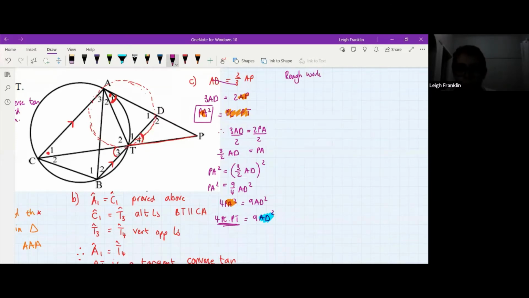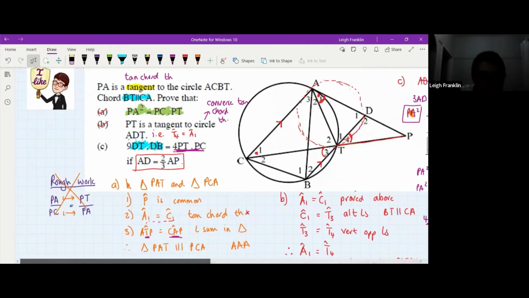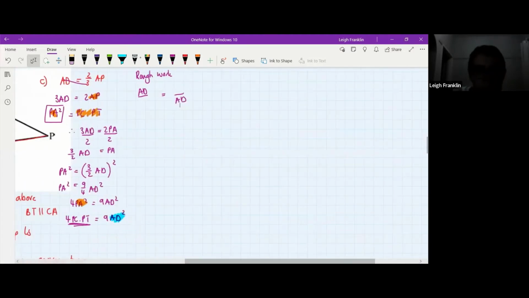Because what we are required to show is that AD squared, so in other words, AD over something, has got to be equal to, from our question, DT times DB.